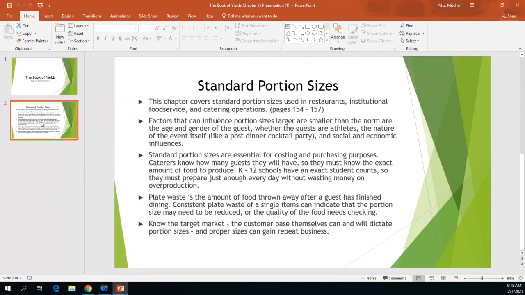So this chapter gives you the average portion size, the portion size on the low range, meaning the small portion, and then the average for a large portion. It just takes some basic sizes for different items and gives you average portion sizes.